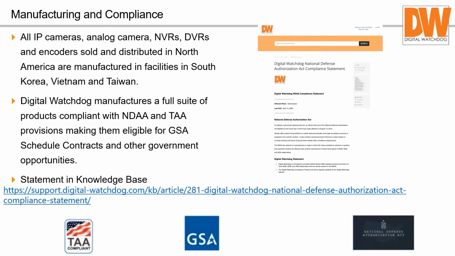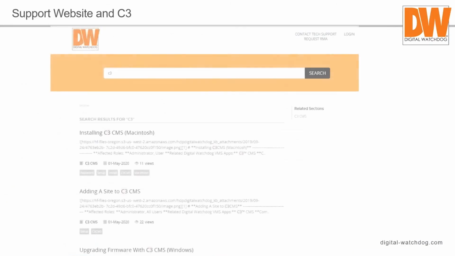So we've gone through all of our products, looked at the bill of materials and everything, and made sure they were TAA, GSA compliant. When you go to the support page, you can just type in NDAA and it'll bring up our compliance list and all the products that are compliant, which is quite extensive. It's actually 99.9% of our gear.